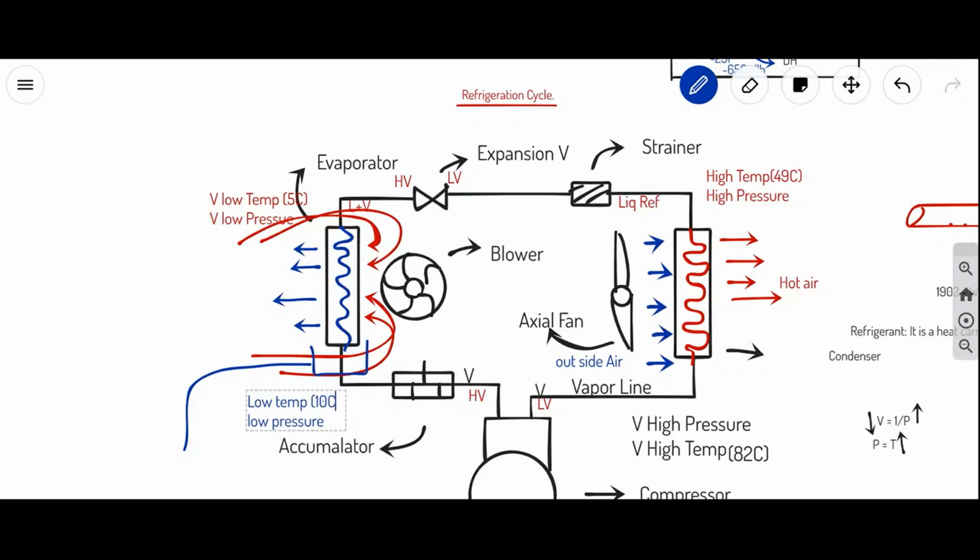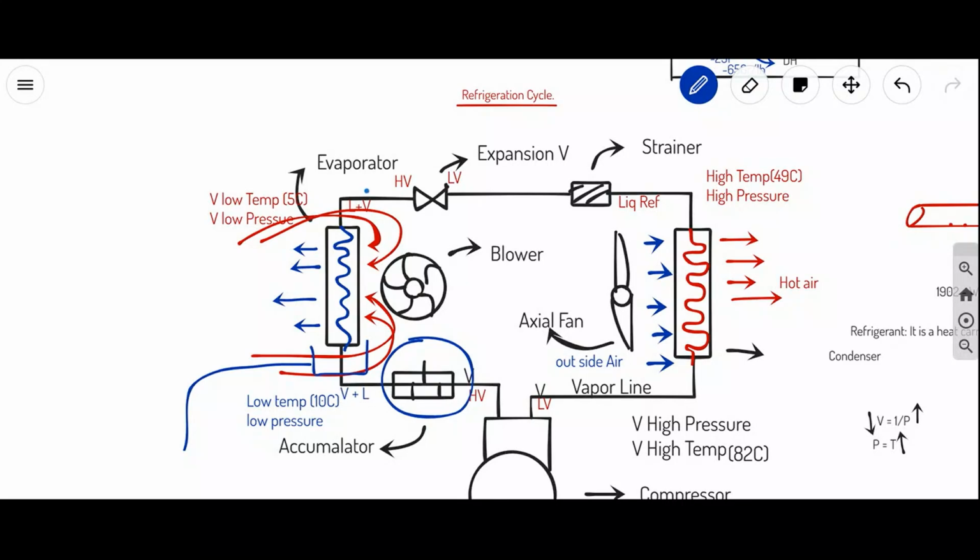So low temperature up to 10 degrees centigrade. This refrigerant will enter into the accumulator. So accumulator separates the liquid and vapor refrigerant. Here vapor will be maximum and liquid will be minimum.